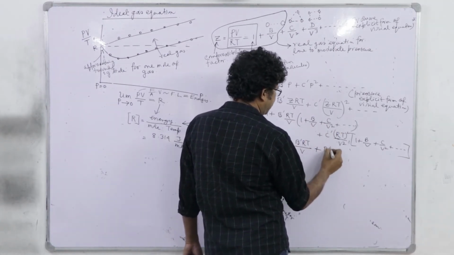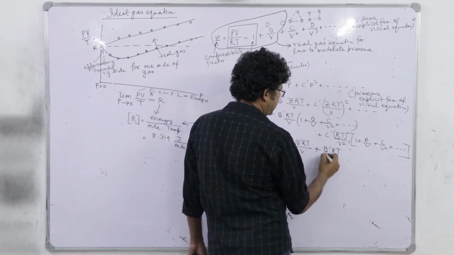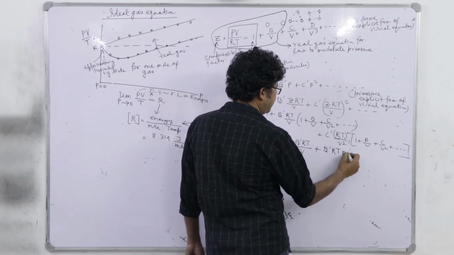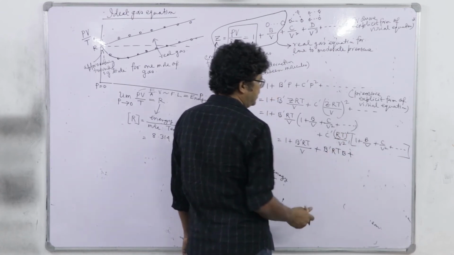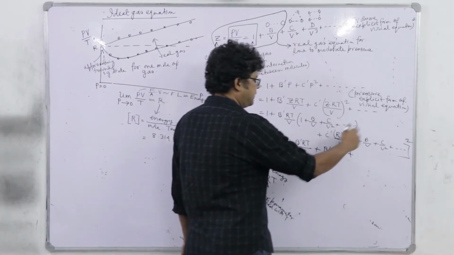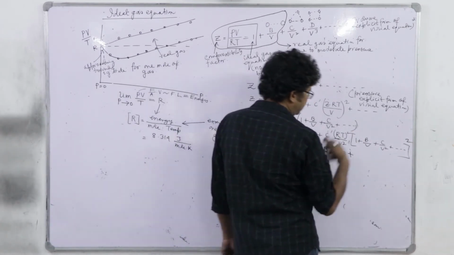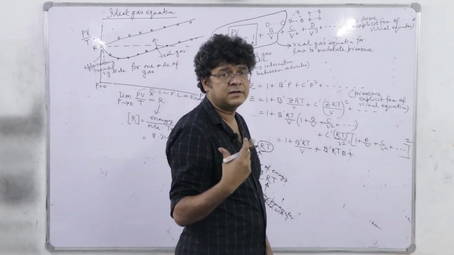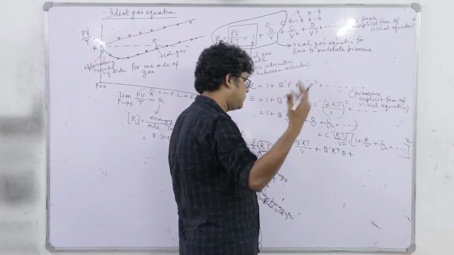So, it is B prime RT into B plus C prime RT whole square divided by V square, so on and so forth. Here the first term, even if we expand, will be 1, right. There is no other term because all of the terms will consist of an additional 1 by V multiplied by the exponents.